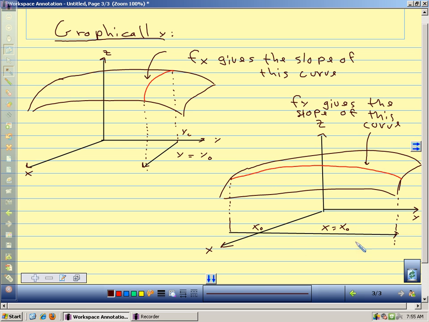So we're holding x constant, and we're taking the derivative with respect to y, so it gives the slope of that curve. Does that make sense? So this is what we're looking at with our partial derivatives.